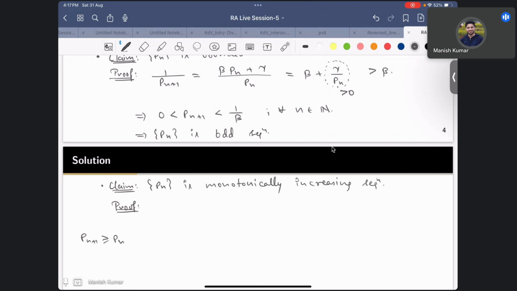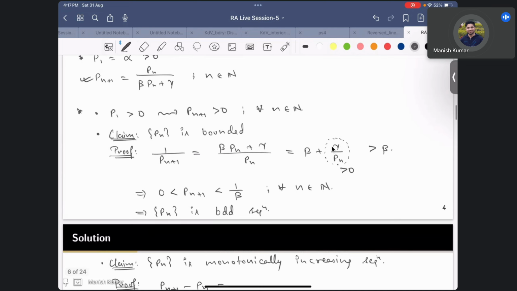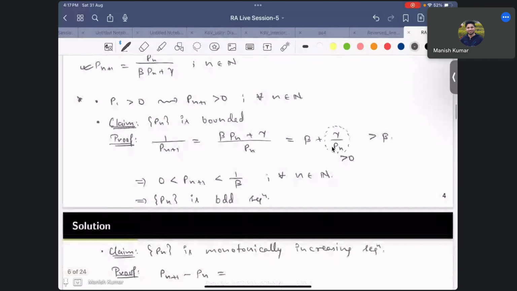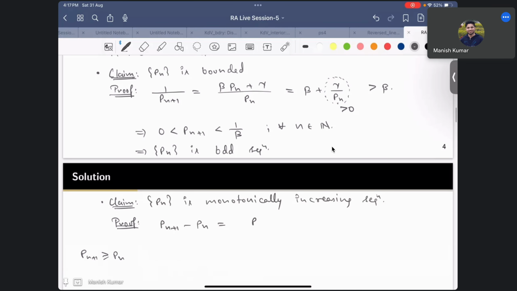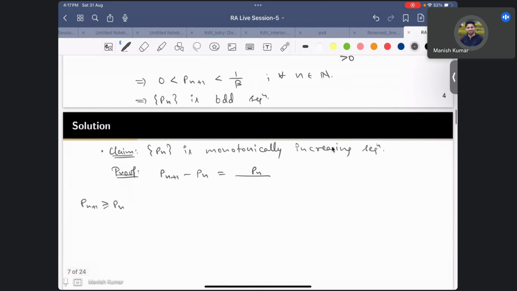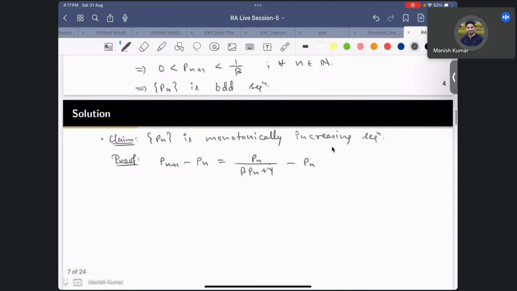Okay, so over here let us see what the value of Pn plus 1 minus Pn will be. Pn plus 1, the definition we know, is Pn upon beta Pn plus gamma, and then you have to subtract Pn, correct? So this is the difference of the two terms.